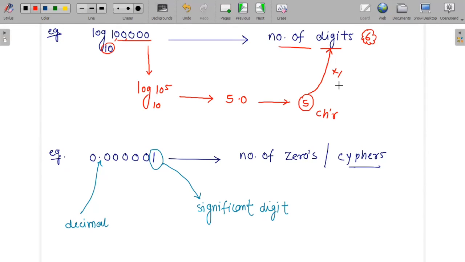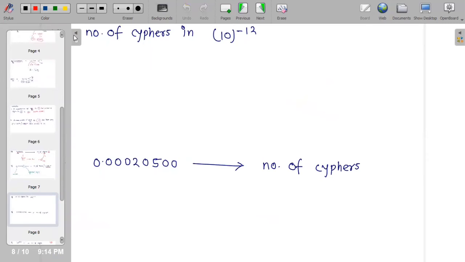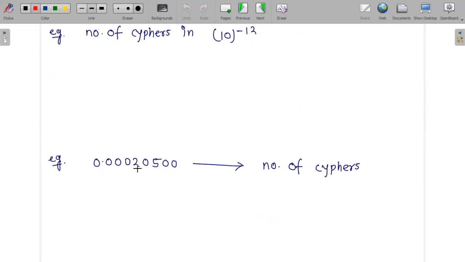Now let me take another example. What is the number of zeros, or what is the number of ciphers? Before we start solving this question, please pay attention to that example. After that decimal point, we have how many zeros? It is 3. And there we have a significant digit. Remember, any number from 1 to 9 is known as a significant digit.